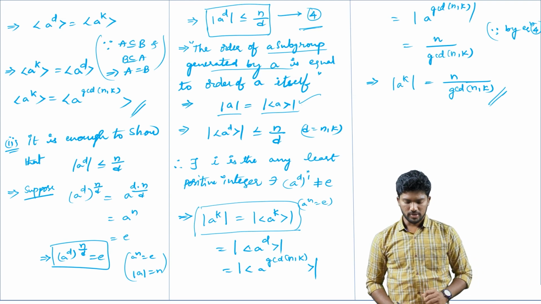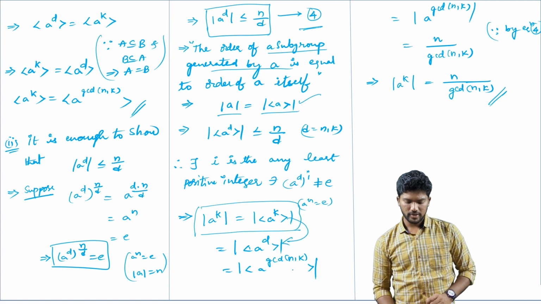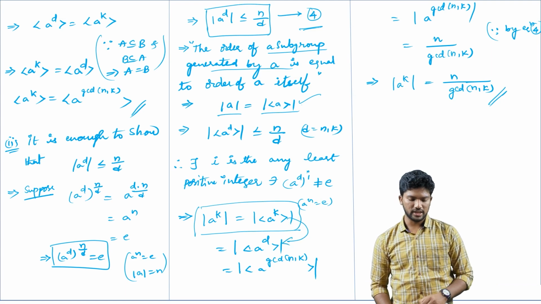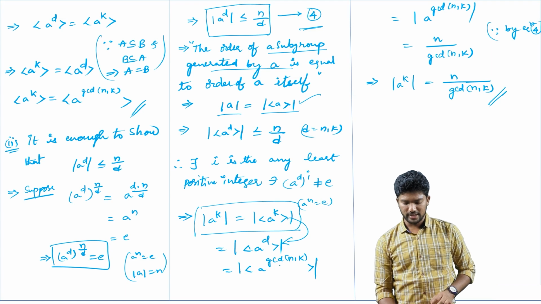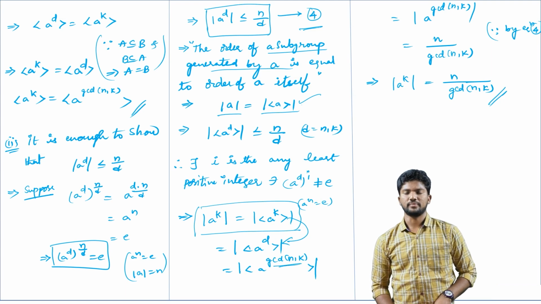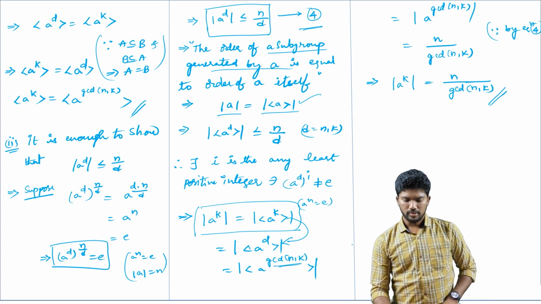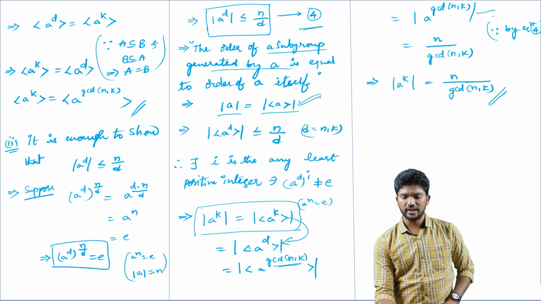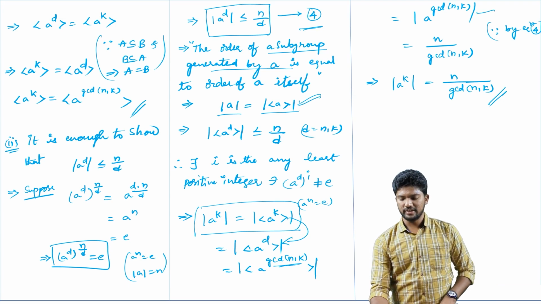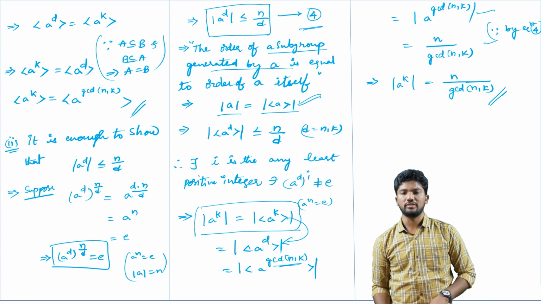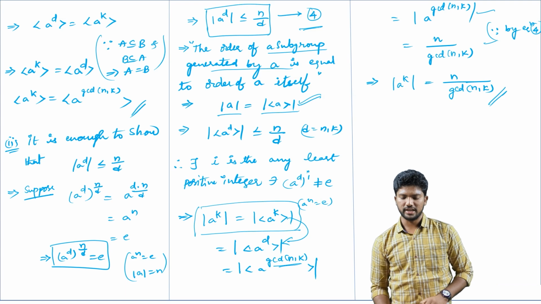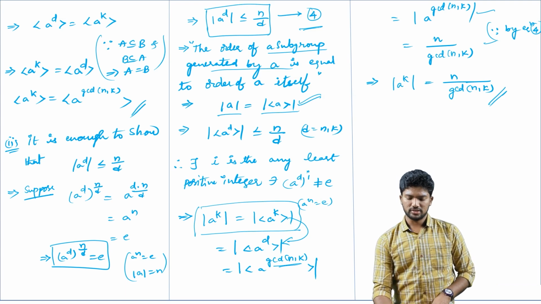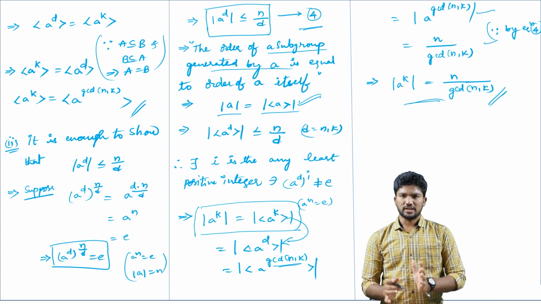In place of this value, you can replace it by using condition number 1, where d is nothing but GCD of n comma k. By equation number 4, we can write n by d, which is n by GCD of n comma k. So this is the second condition of this theorem.